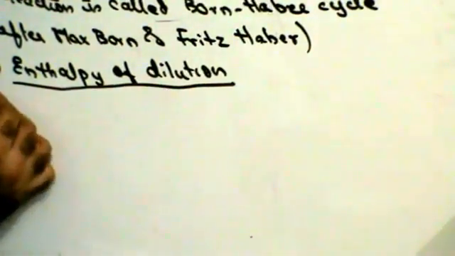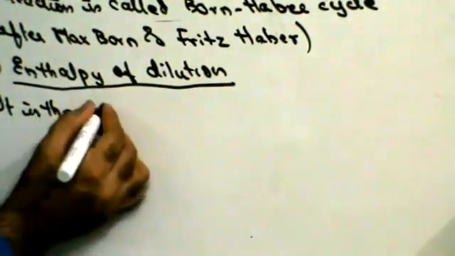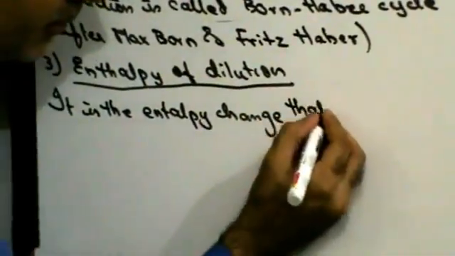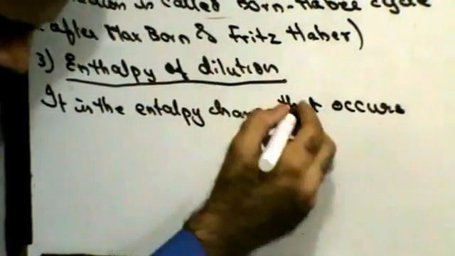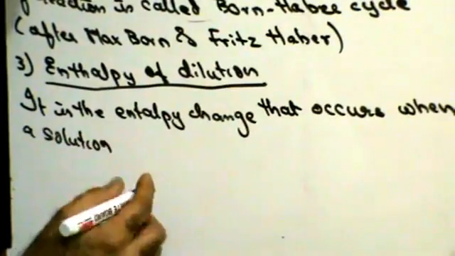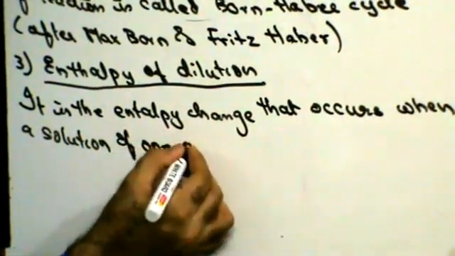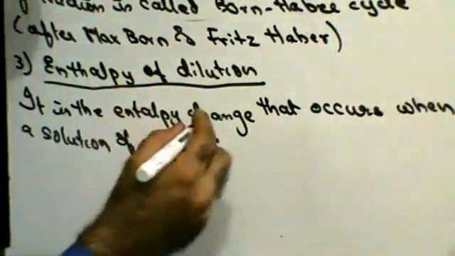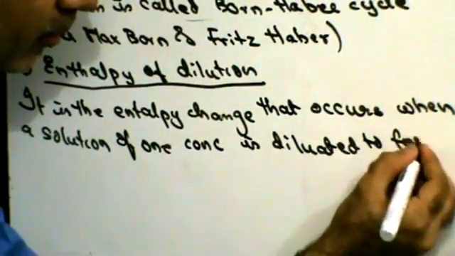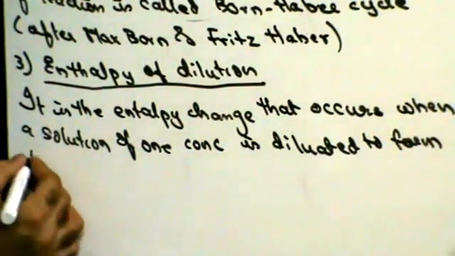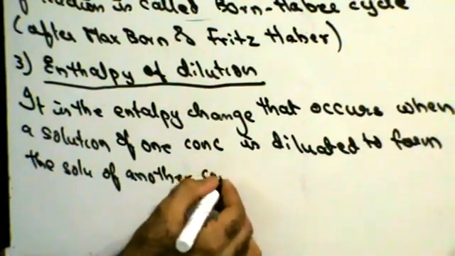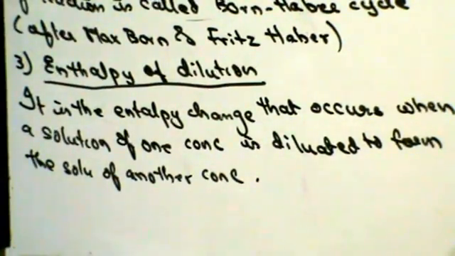It is the enthalpy change that occurs when a solution of one concentration is diluted to form the solution of another concentration. That is called as enthalpy of dilution, right?